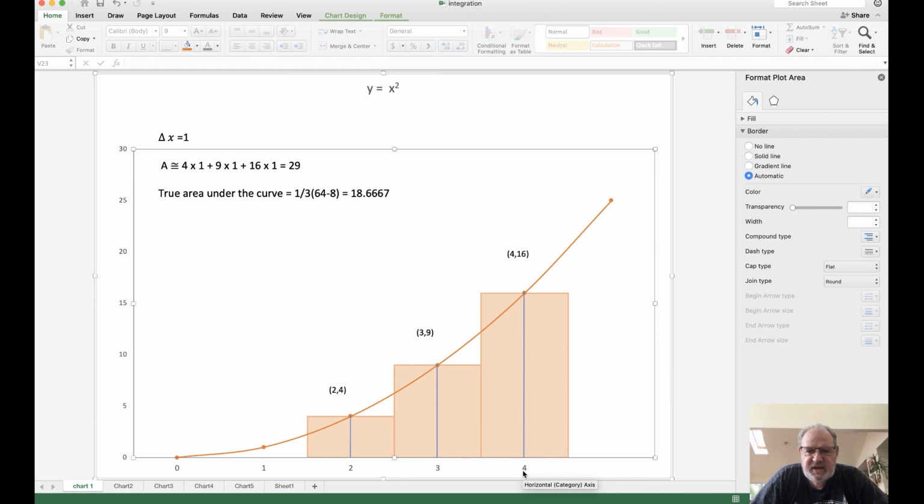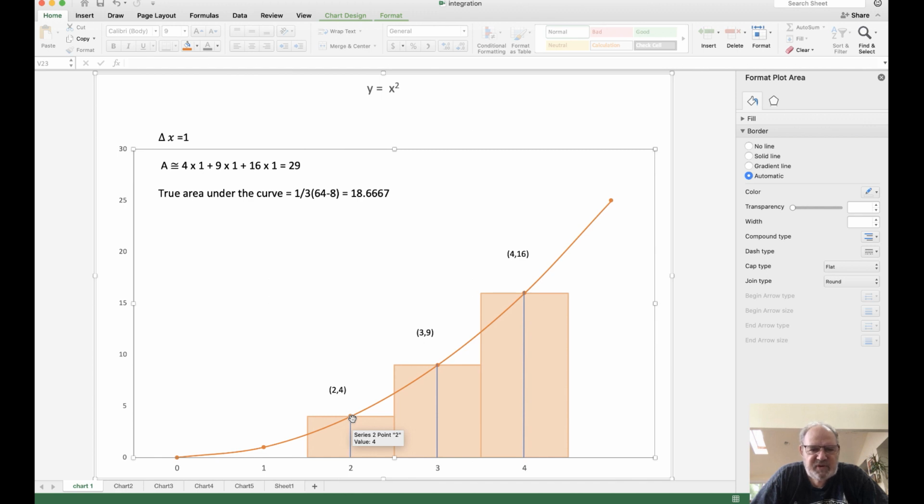What we've created here are rectangles whose average value is given to be the point 2, 3, and 4 on the x-axis, with a delta x being 1, so the base, or delta x, is 1, and you can see that this transition from this rectangle to that rectangle happens at 2.5, and we multiply that base times the height of that rectangle.